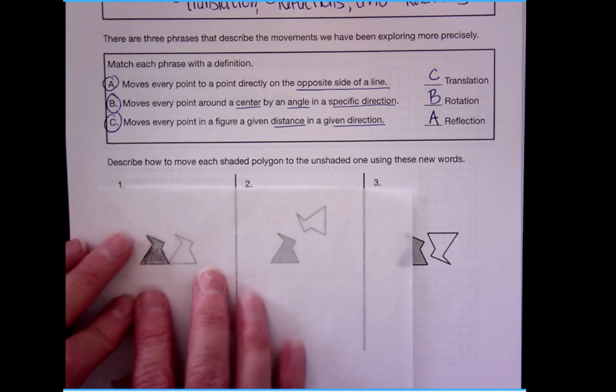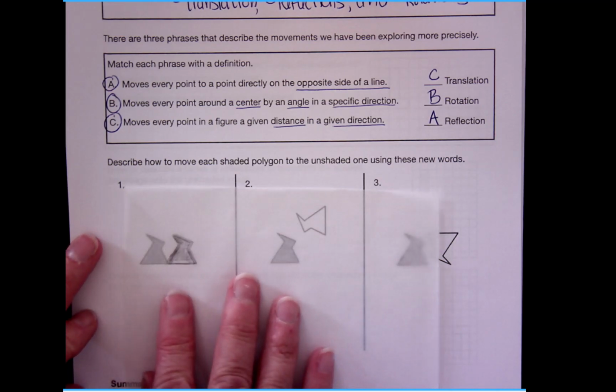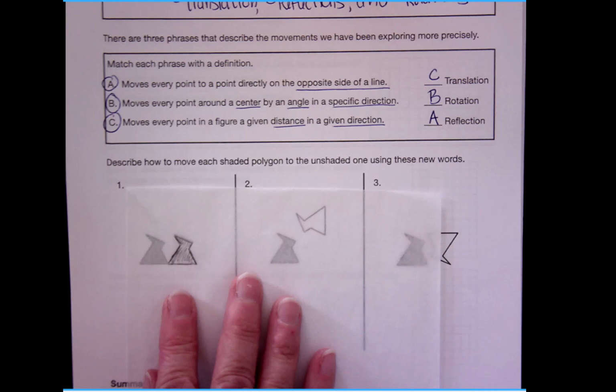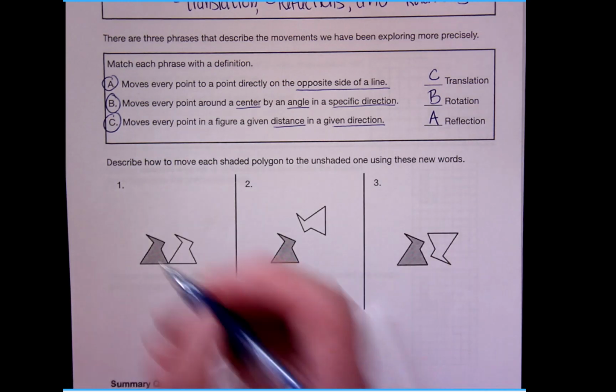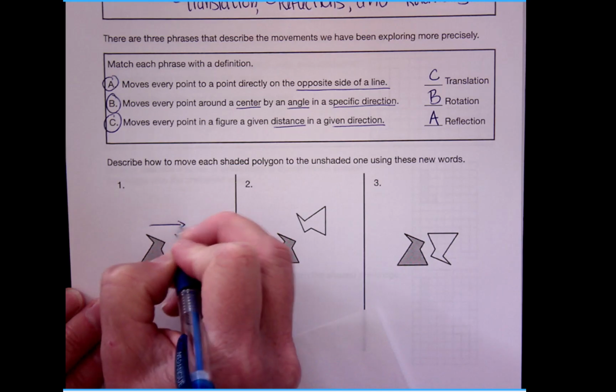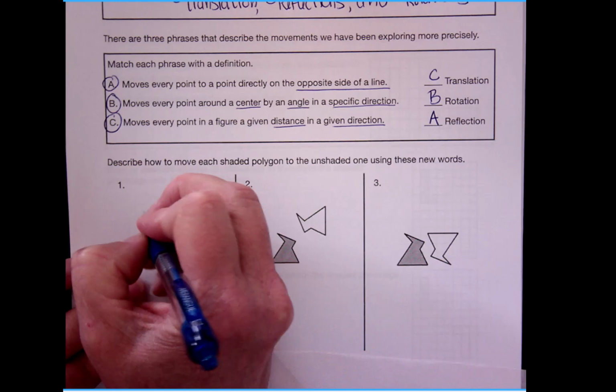Let's take a look. I'm just going to move it so that this figure fits right on top of that one. There. All I did was I slid it maybe an inch to the right. Let me pull this off. So when we just slide something over, that's a translation.